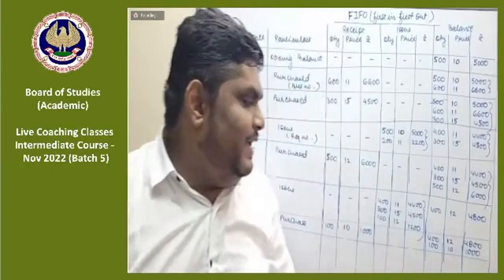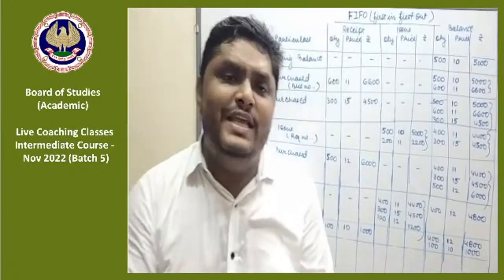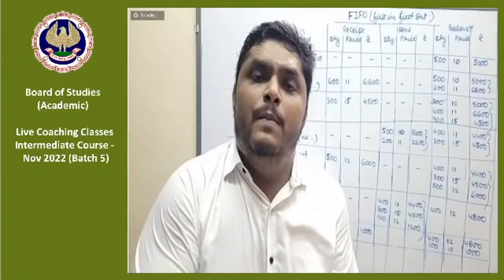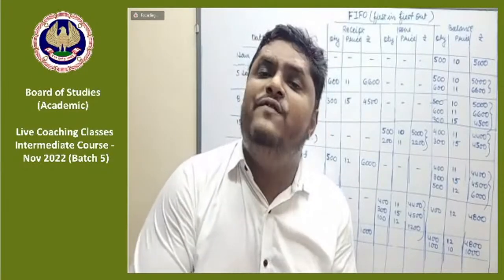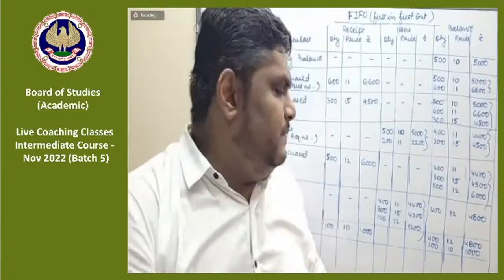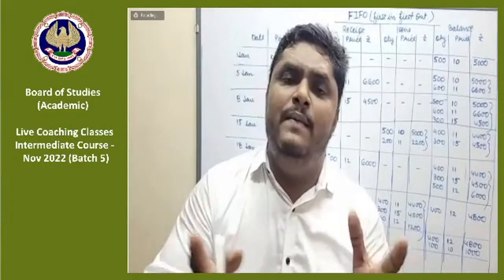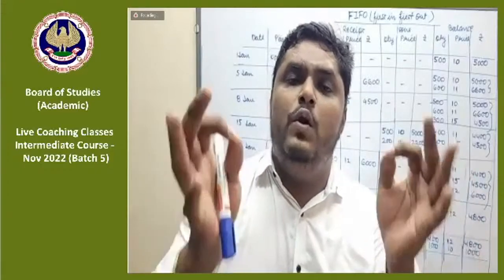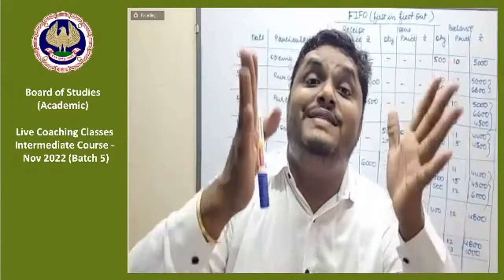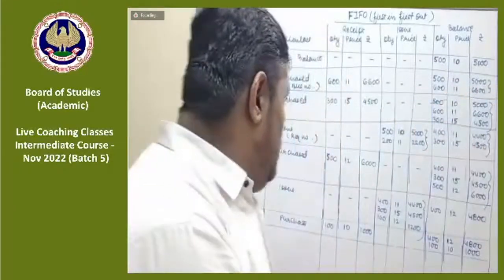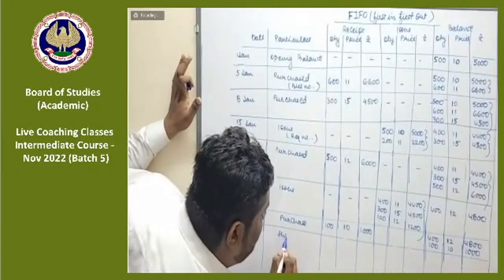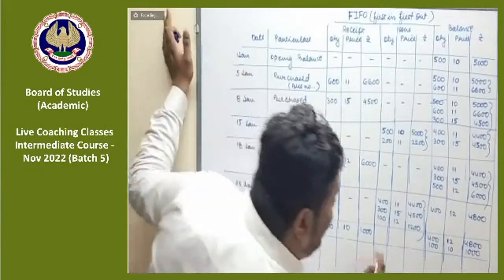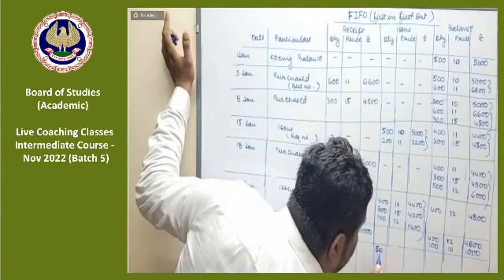When the stock was checked physically, there were only 450 units in stock. It means there is a shortage of 50 units. So very simply, we will write shortage here, and we will present it in the issue part only, that is 50 rupees.